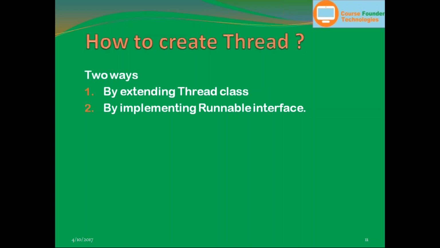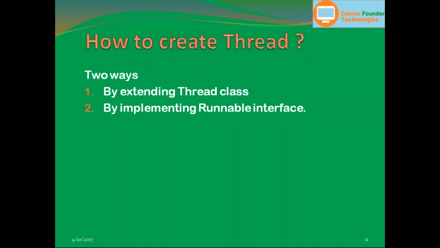There are two ways we can create the thread. The first one is by extending the Thread class, and the second one is by implementing the Runnable interface. Extending the Thread class is one approach, and the second approach is implementing the Runnable interface. These are the two basic approaches to create the thread.